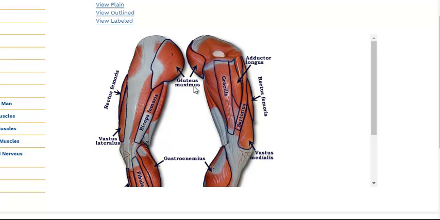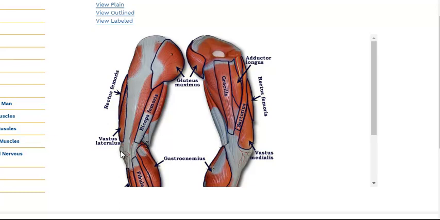So gracilis, adductor longus, sartorius, and rectus femoris. And again, the rectus femoris is running along the femur, so that gives you a little help there on that one. And then again, remember, always on both sides. You have this, and there's your vastus lateralis, running right there down to your kneecap.